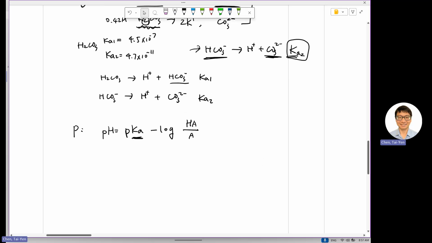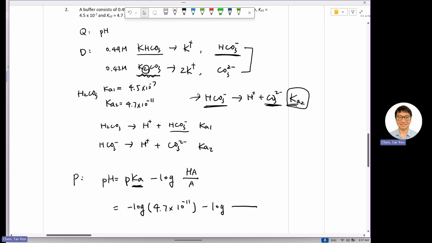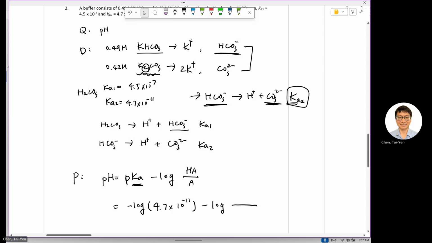Okay? Therefore, you should use negative log of 4.7 times 10 to the negative 11, minus log of conjugate acid over base. The conjugate acid is HCO3 minus, right? Therefore, the concentration you should put is 0.49 on the top. Base will be 0.42 at the bottom.